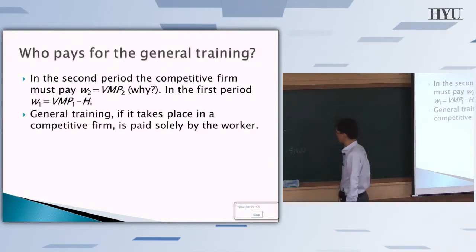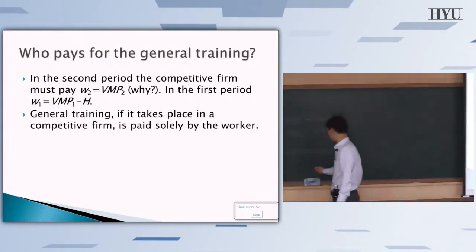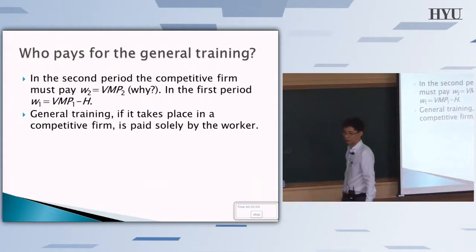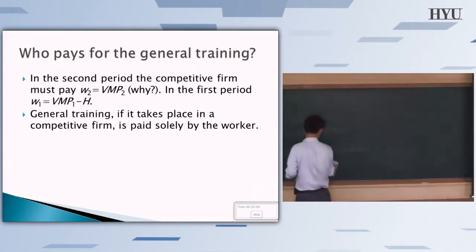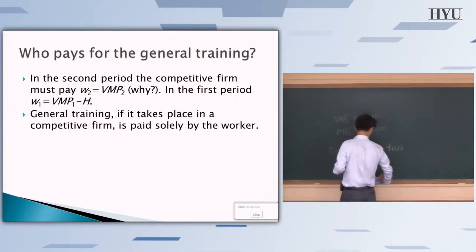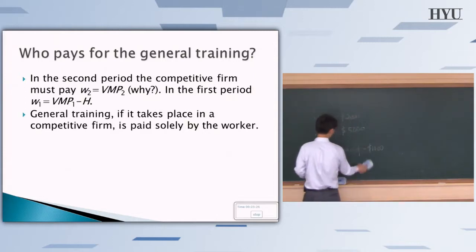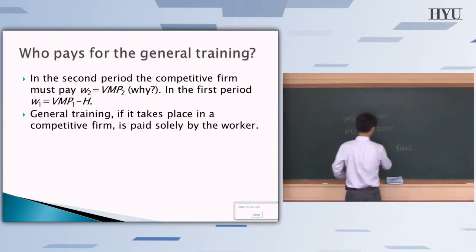But the firm paid, let's say, $500. H should be $1,000.